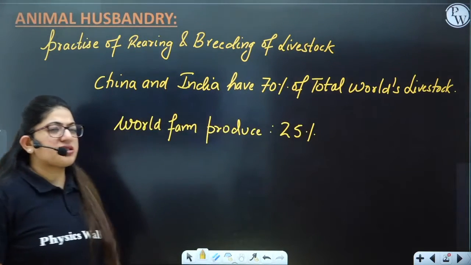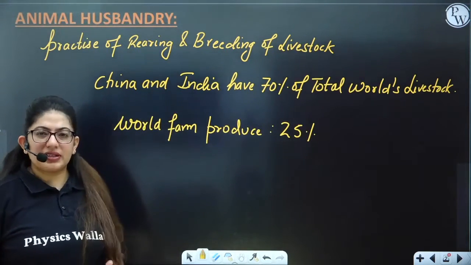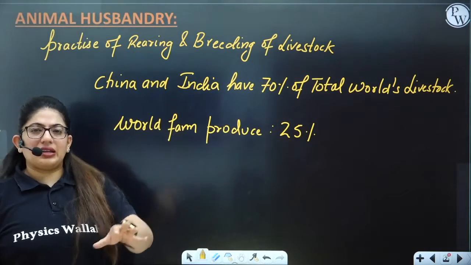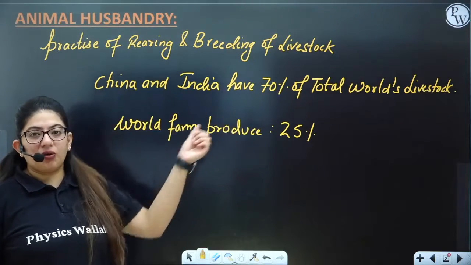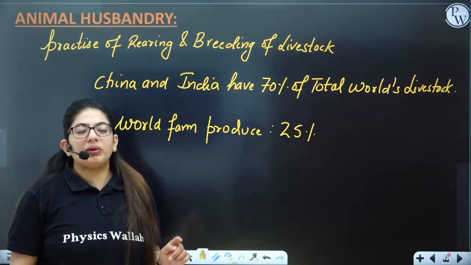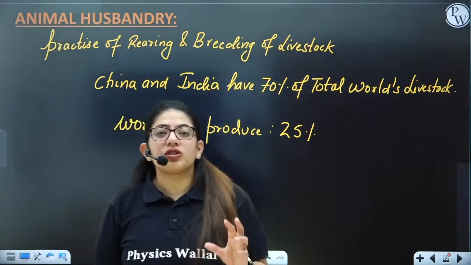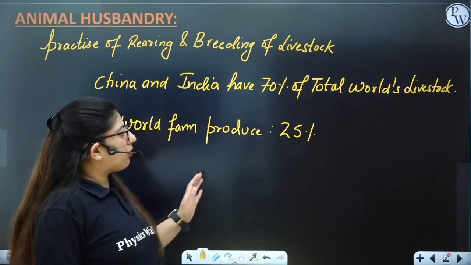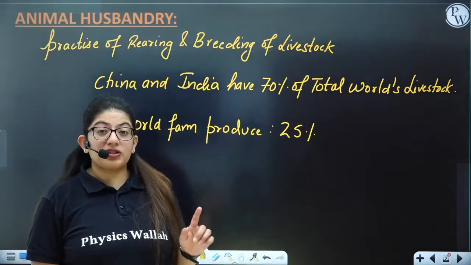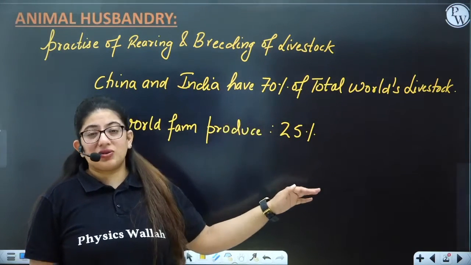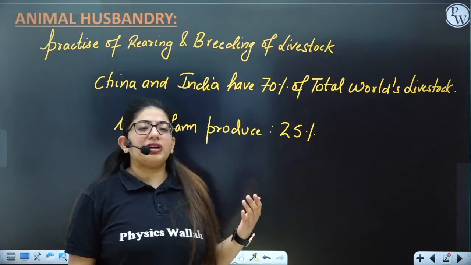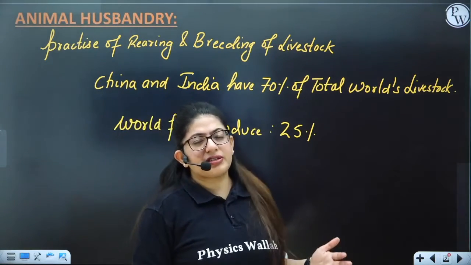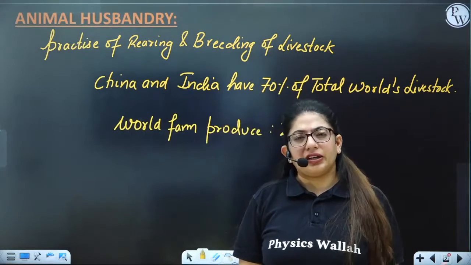For example, China and India collectively have 70% of the cows, and cow's milk is their produce. If I talk about the entire world's milk production, they are only contributing around 25%. As compared to the animals they have, that's really less, right? So for that you need different kinds of techniques where you can improve your organism, and that comes under the entire animal husbandry.